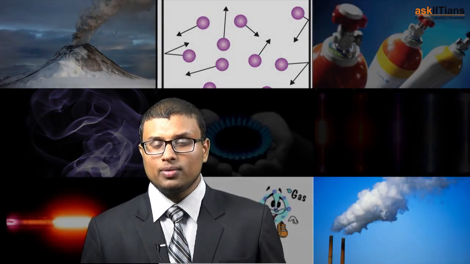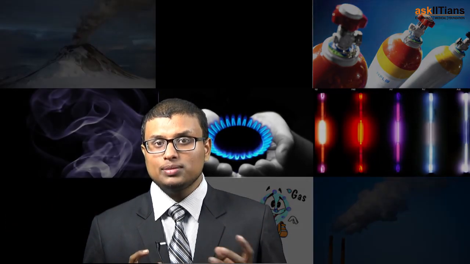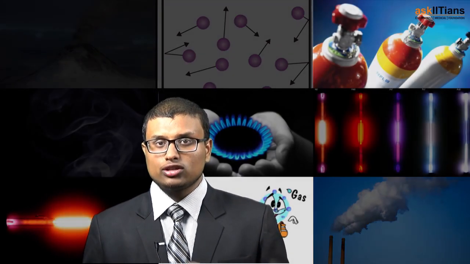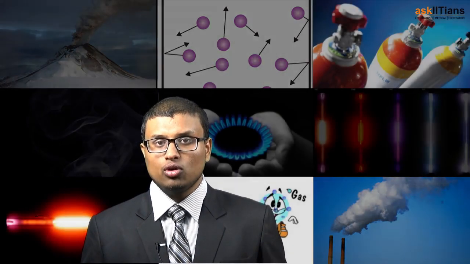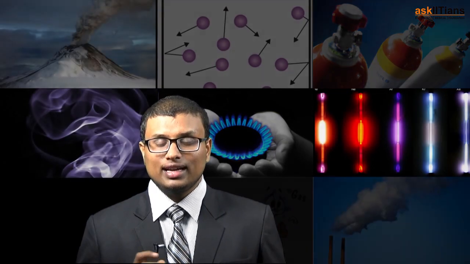What are the measurable properties? We have seen the importance of the units. Next, we have seen how these properties of pressure, volume and temperature vary with each other in gas laws, right? And also we have discussed your Graham's law of diffusion, which gives you an idea about the rate of diffusion of different gases.